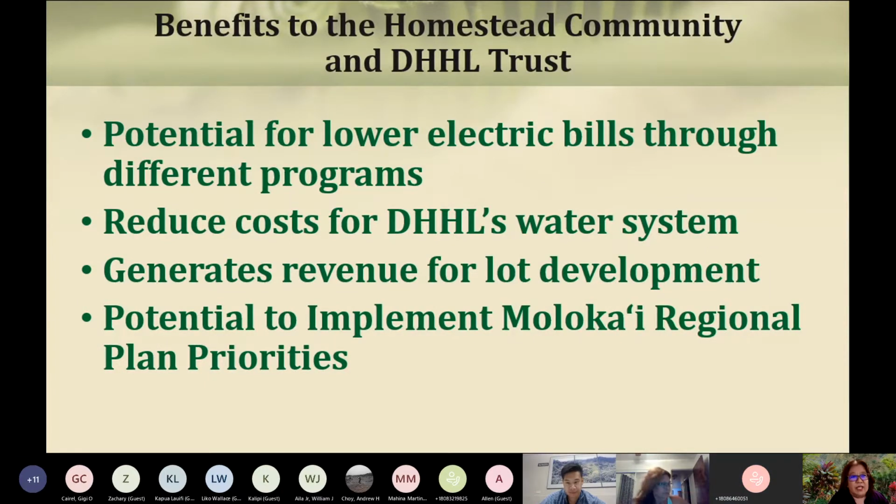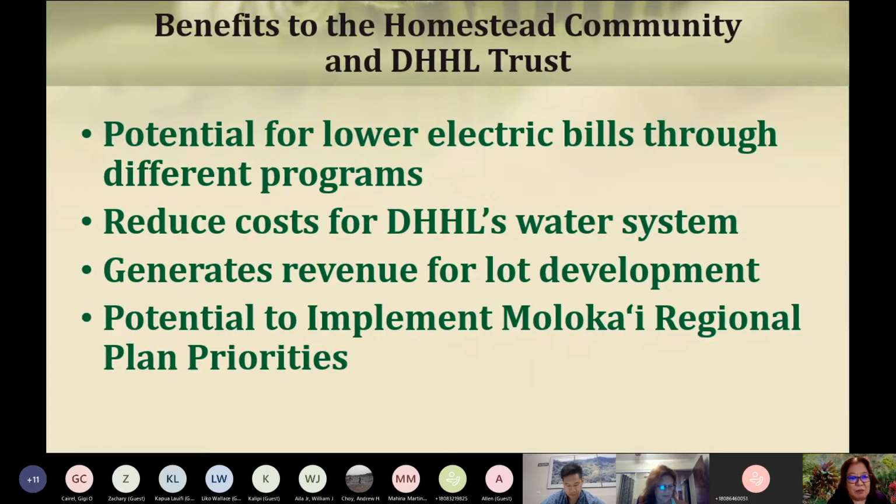So we can take advantage of that. Homesteaders can take advantage of that. The department can look at reducing costs, for example, for running our water system on Molokai, right? We could look at reducing costs of that. Again, lot development, and we were involved in the Molokai Regional Plan Priority projects, and that's a list of projects that have been vetted by the community, that went through this rigorous planning process.